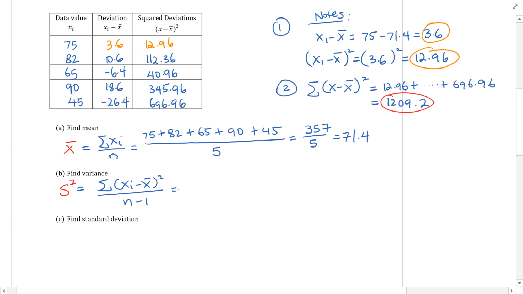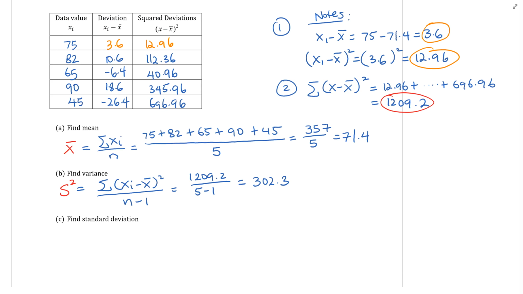We found the summation already, which is column 3 over here, 1209.2. My n is 5, so 5 minus 1. And calculating that, I got 302.3. And so that is the variance.